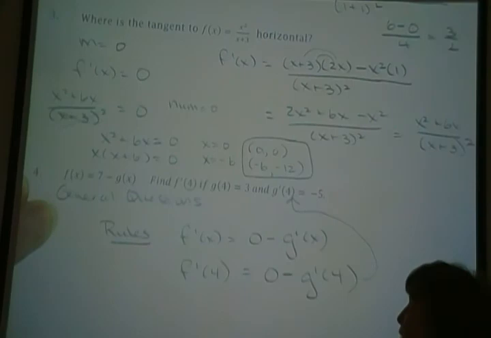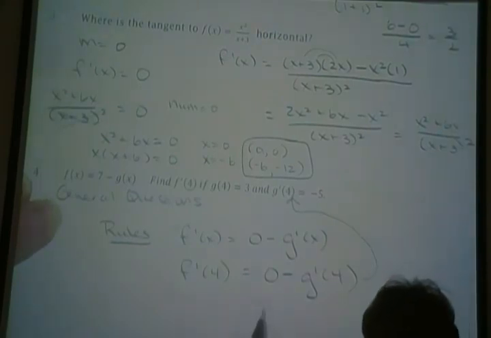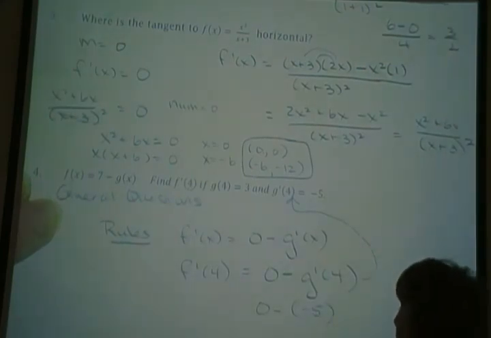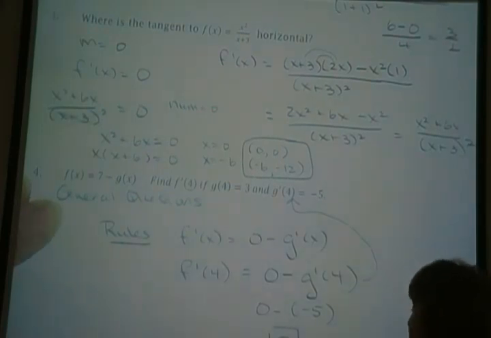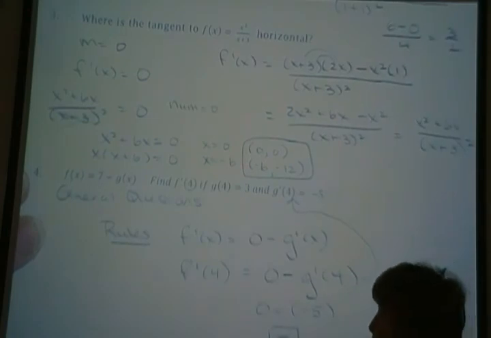And it will always be given to you in the problem. So it is -5. And so 0 minus -5 is 5. And that's what f prime of 4 is. So even without knowing what the particular function is, you can use the rules to come up with your answer.